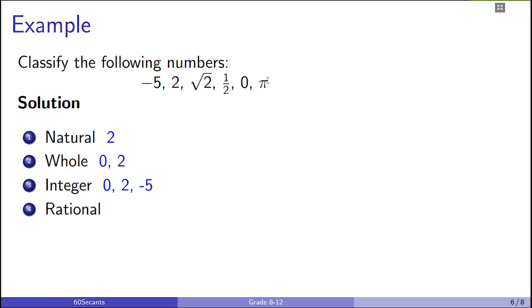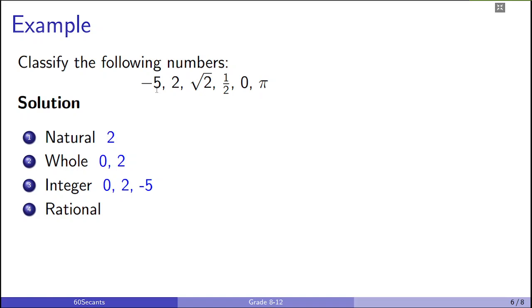Now, let's look for rational numbers. Okay, remember what rational numbers are? Well, rational numbers are those numbers that can be expressed as fractions. So this involves the natural, the whole, the integers, and the decimals. Like half here, for example. So 1 over 2 is a rational number. What about negative 5?